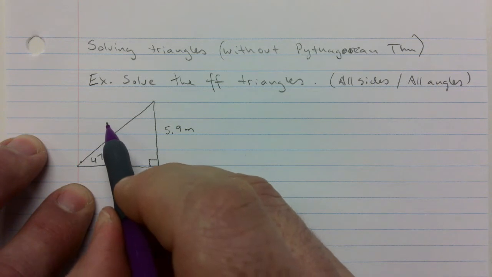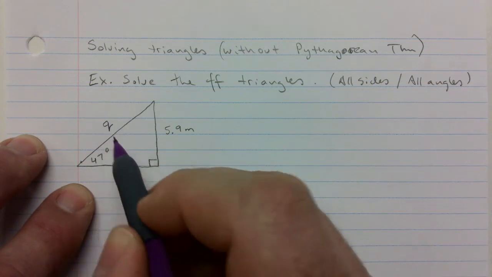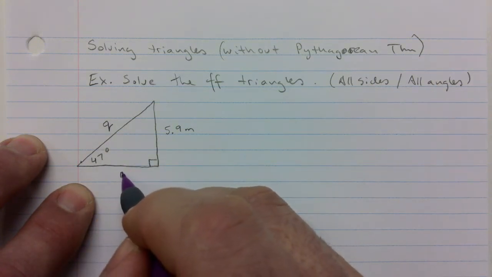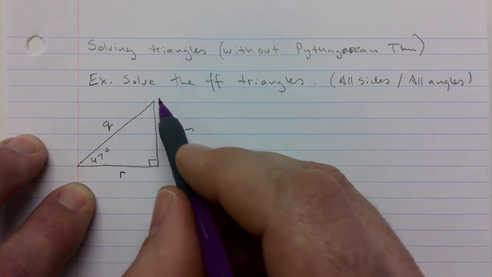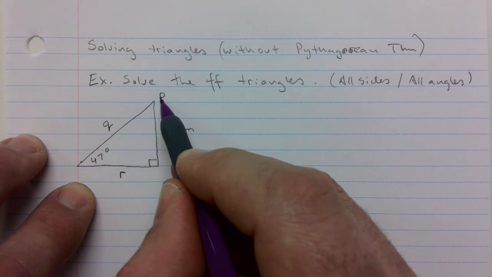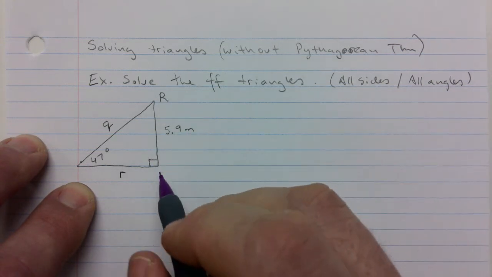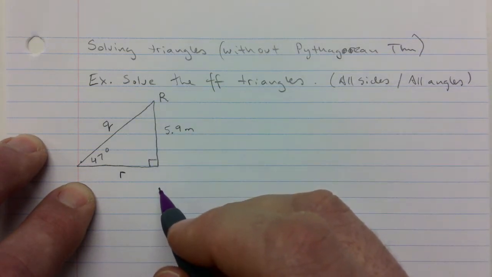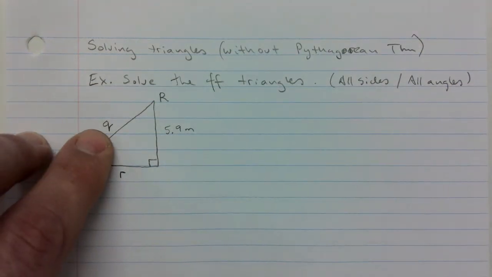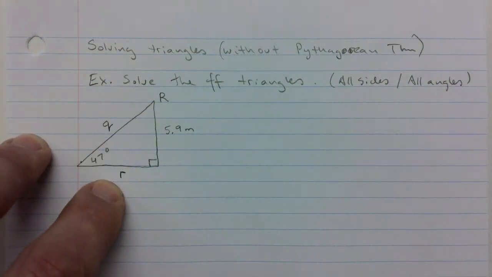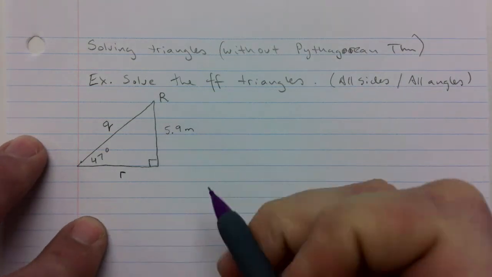And we're going to call this Q, R, and this is going to be capital R here. So essentially they want you to find side Q, side R, and angle R, okay?